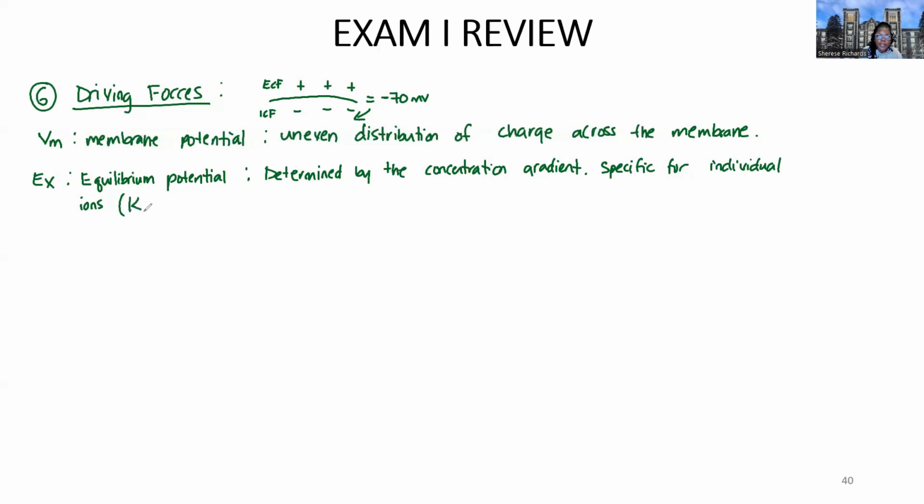So potassium's equilibrium potential is going to be negative 94 millivolts, which means that when the cell is at a membrane potential of negative 94, potassium is at equilibrium. It's no longer moving. Its electrical force is equal and opposite to its chemical force. And at this specific membrane potential, it is said to be at equilibrium. Okay, so that's what our equilibrium potential means.